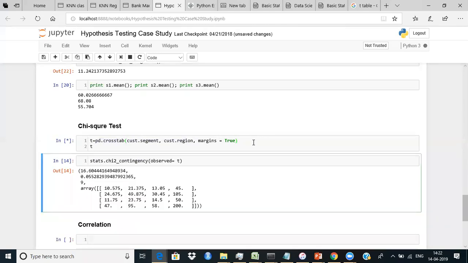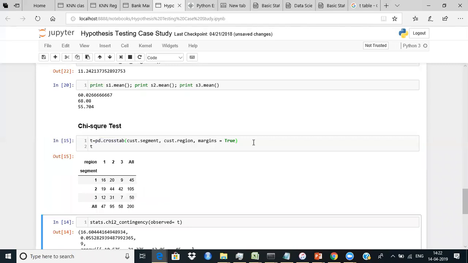If you run this, let me run this and then I'll explain the output. The output that you get is: 16 here means there are 16 observations in my data which belong to segment 1 and region 1. Similarly, there are 9 observations which belong to segment 1 and region 3.